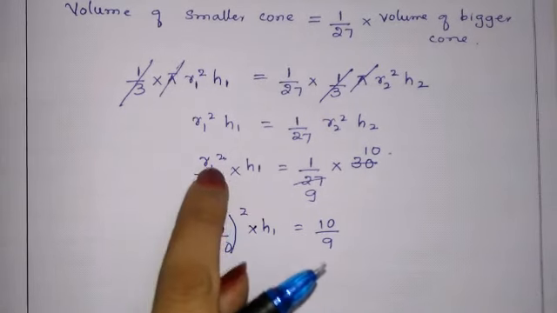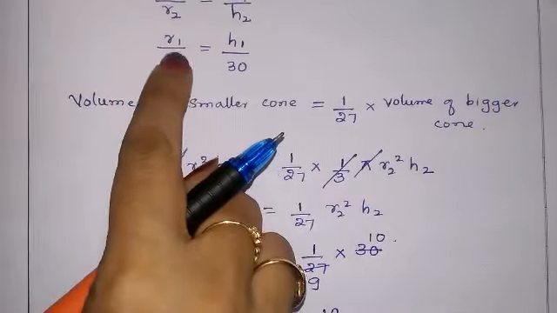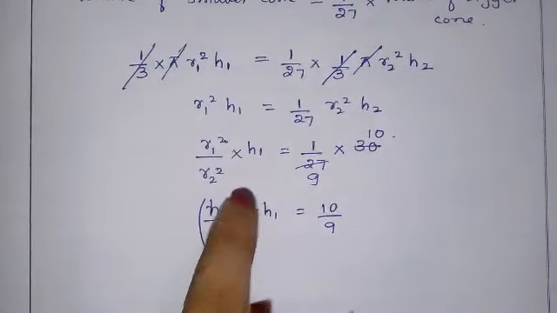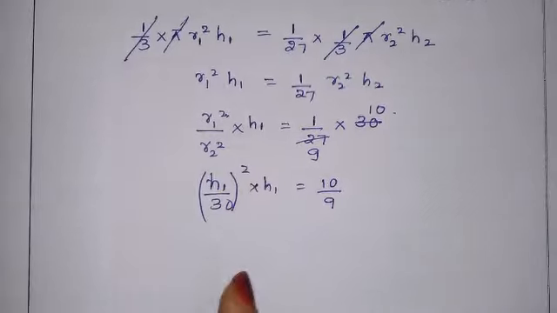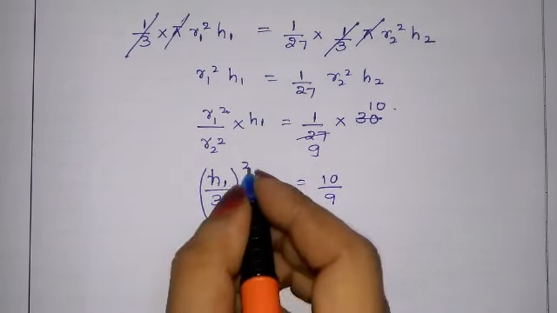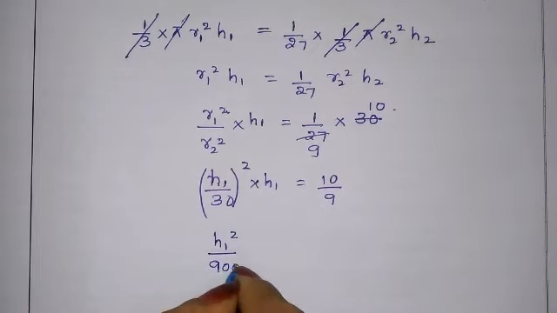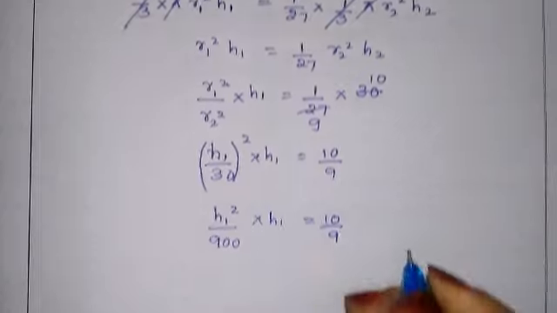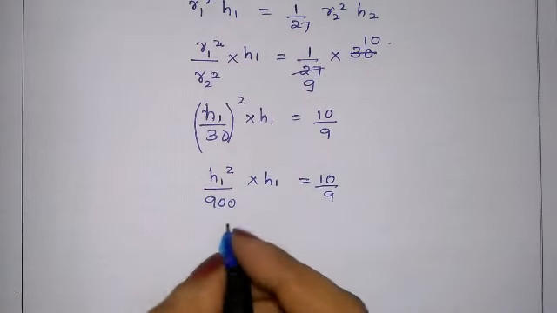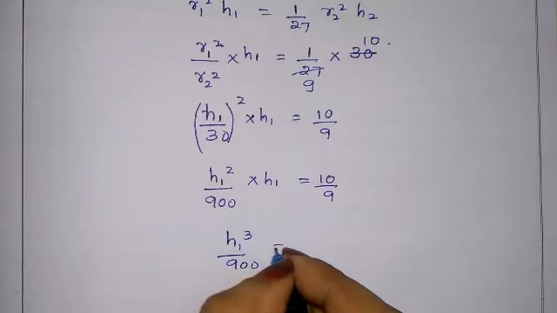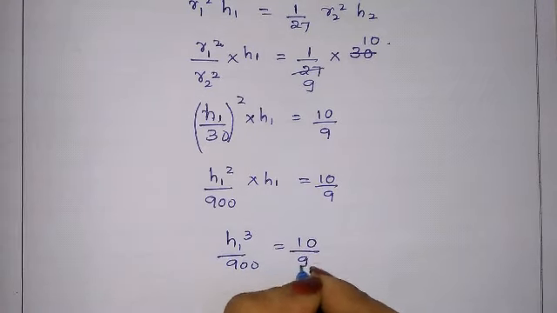What I have done is substituted the value h1 upon 30 for r1 upon r2, and the square is written as it is. h1 square, 30 square is 900, into h1 is equal to 10 by 9. That is h1 square into h1 is h1 cube upon 900 is equal to 10 upon 9.